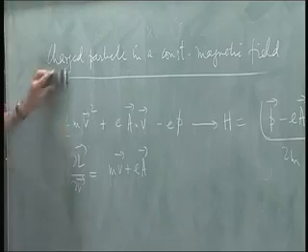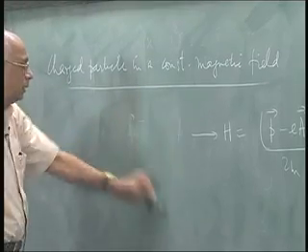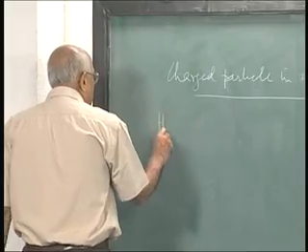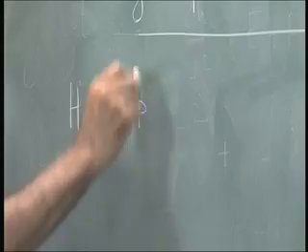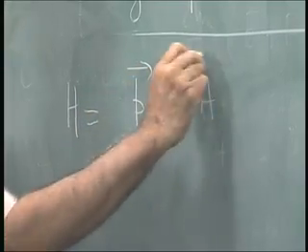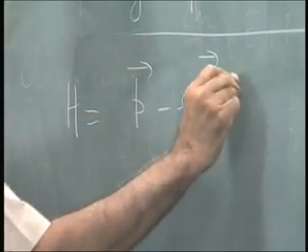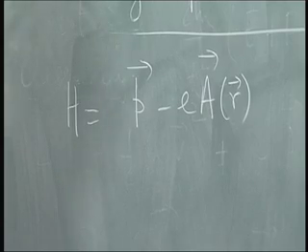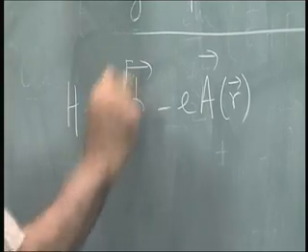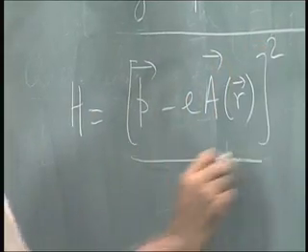So now our quantum Hamiltonian is H equal to (P operator minus e A operator, which could be a function of position in general, A of r) squared over 2m.